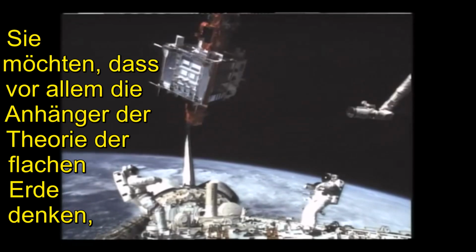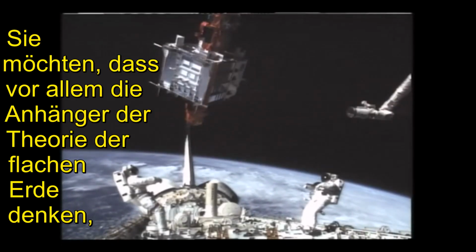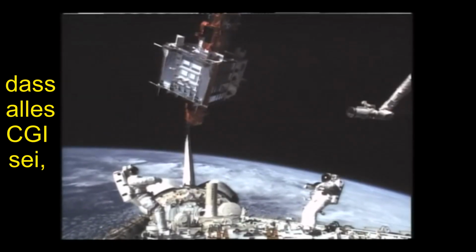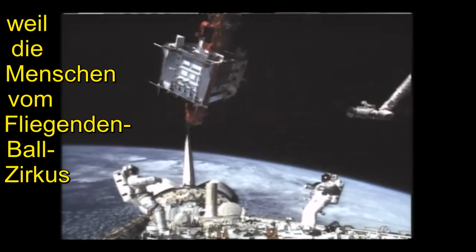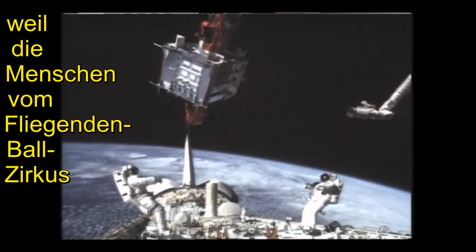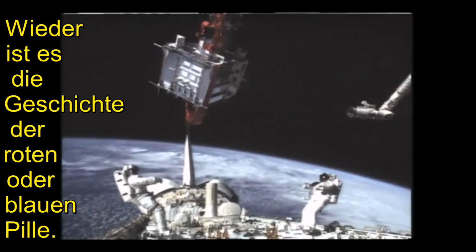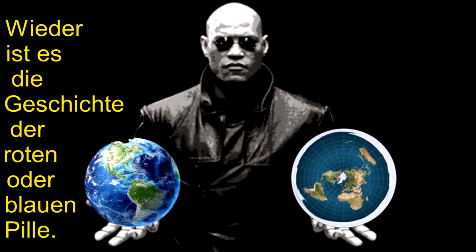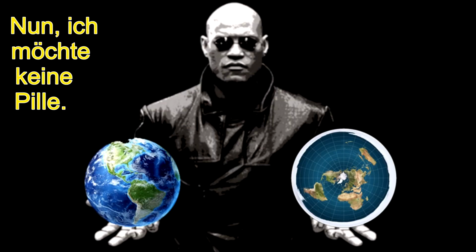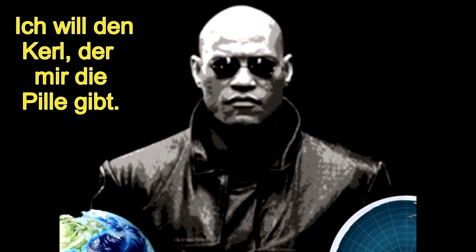They want especially the flat earthers to think it's all CGI, because the flying ball circus people are not going to check out these images. Again, it's the story of the red pill or the blue pill. Well, I don't want any pill. I want the guy who is giving me the pill.